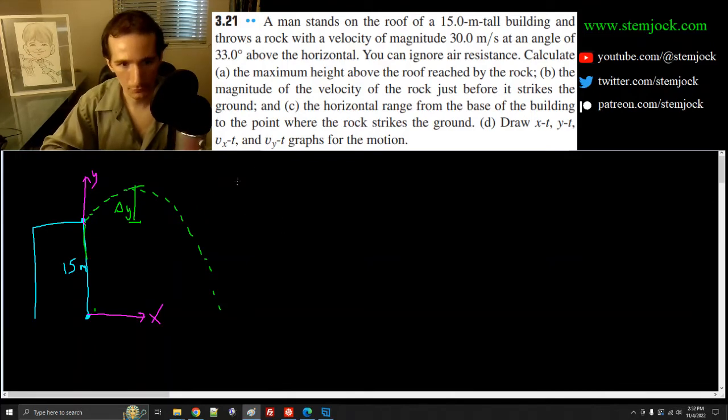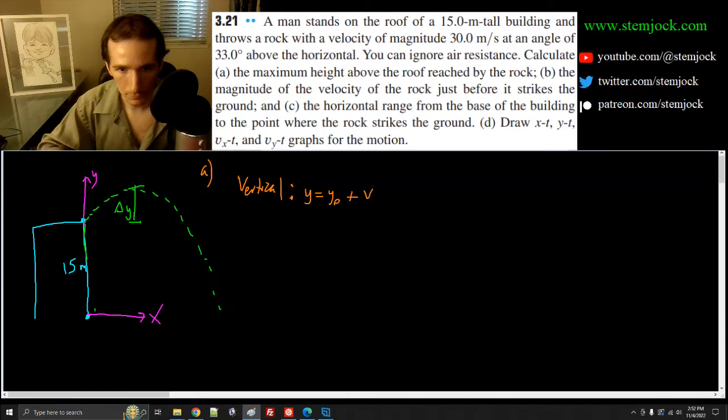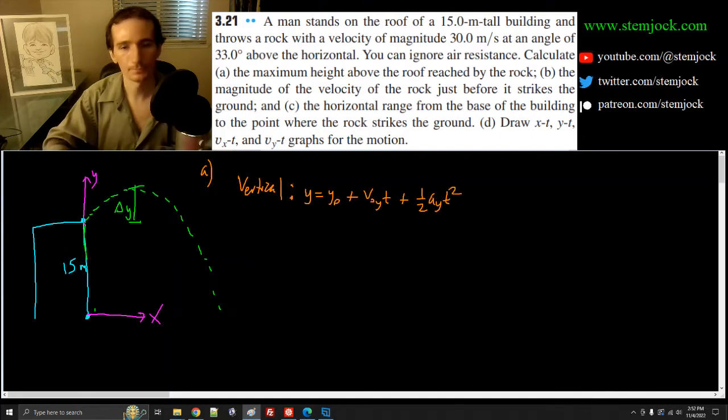So let's consider the motion in the vertical direction. Let me use a different color. So I'm going to say part A. So the vertical kinematic equation for that is going to be y equals y naught plus v0y t plus 1/2 a_y t squared.